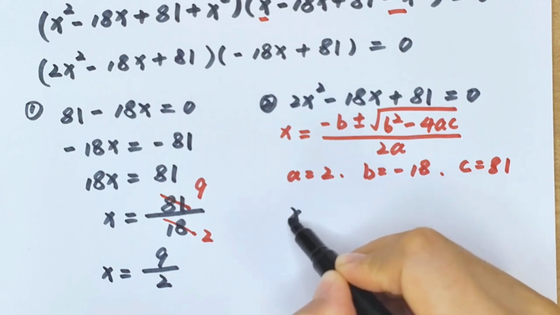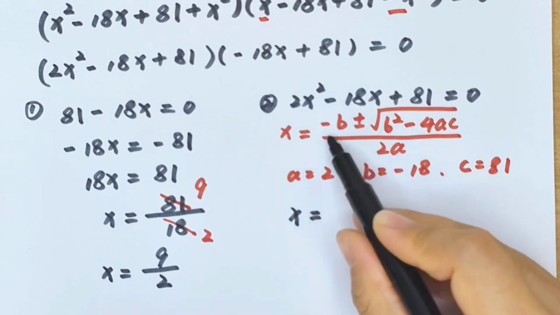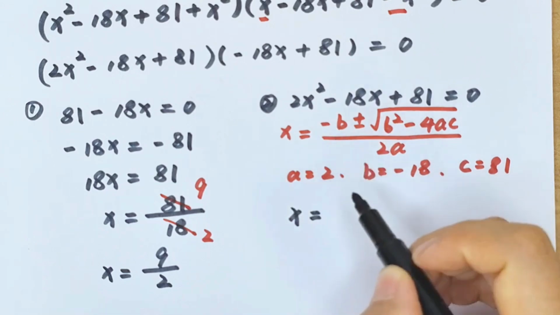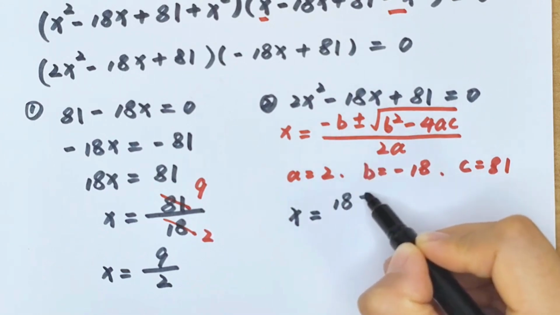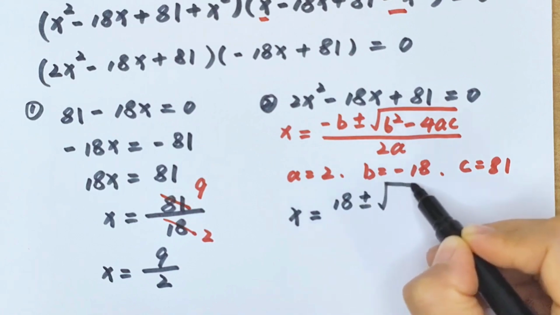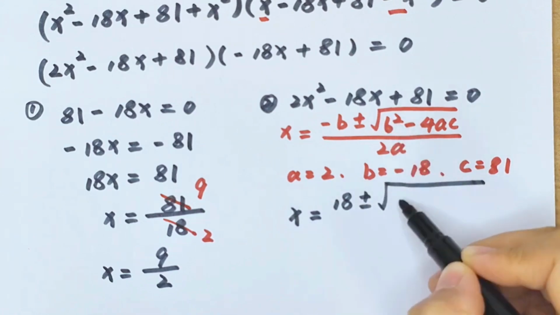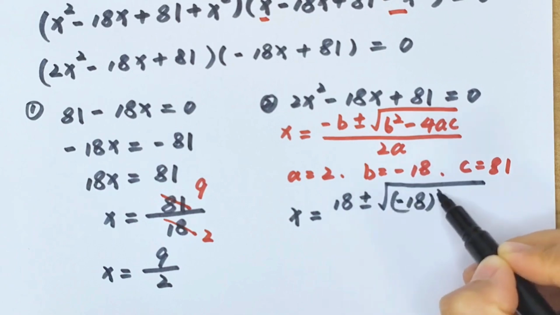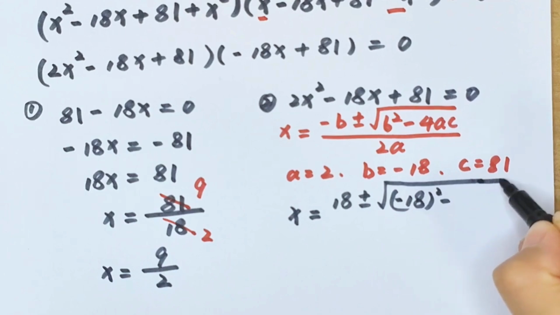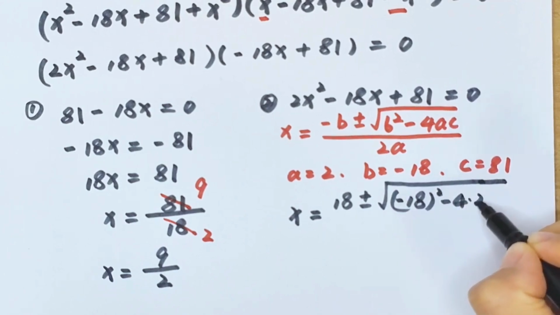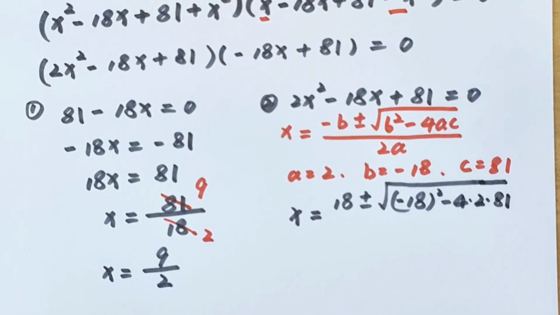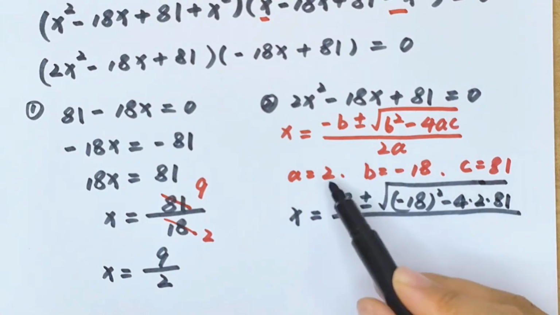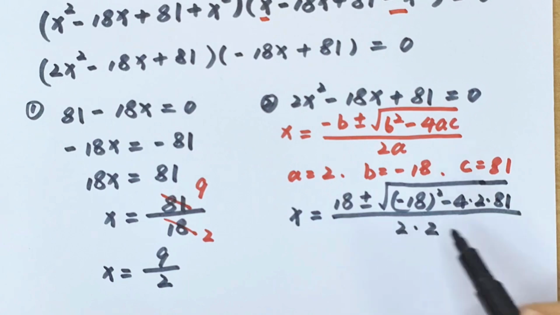So x equals negative b. b is negative 18, so negative b is 18, plus or minus square root of (negative 18) squared minus 4 times 2 times 81, then divided by 2a. a is 2, so 2 times 2.